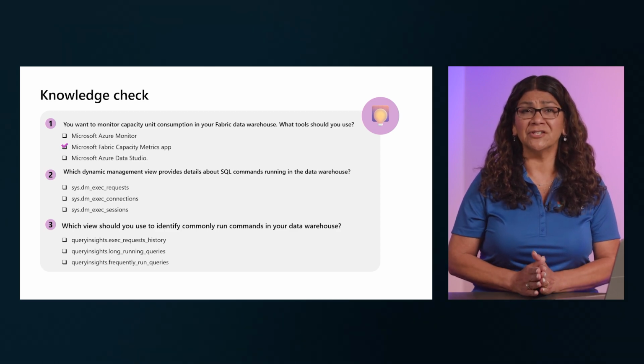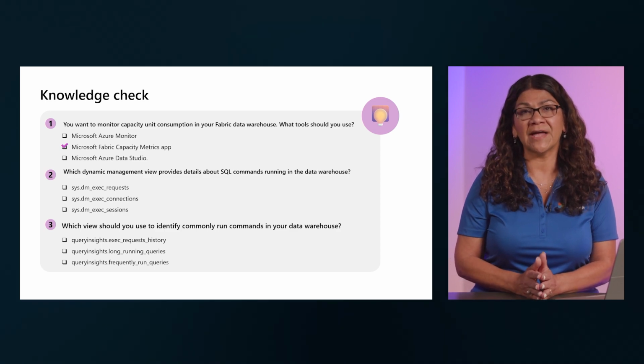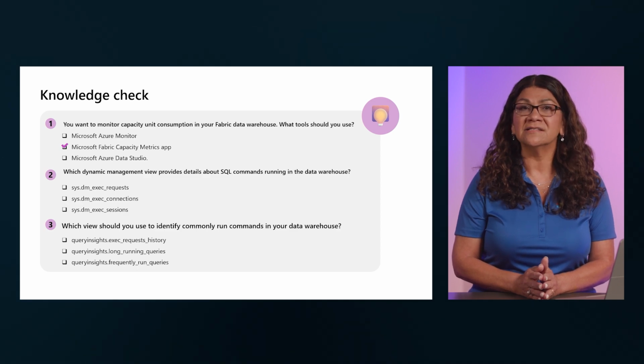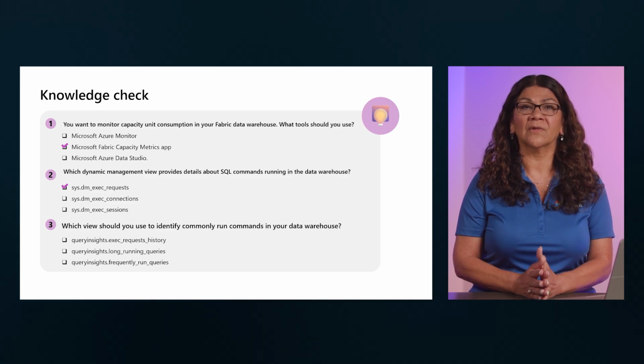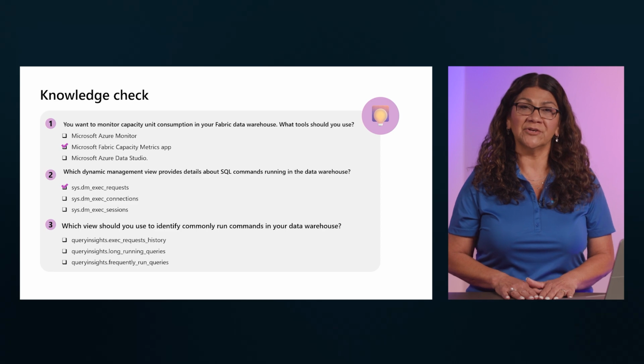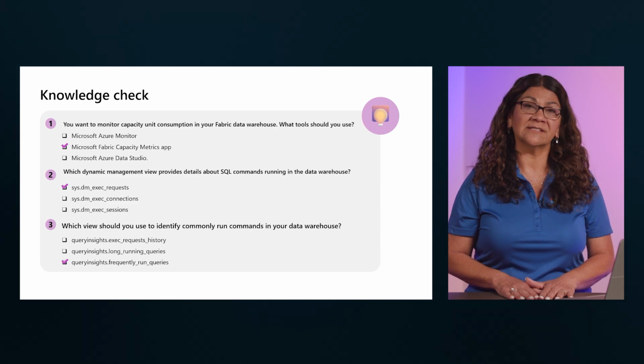Which dynamic management view provides details about SQL commands running in the data warehouse? Answer: sys.dm_exec_requests. Question 3. Which view should you use to identify commonly run commands in your data warehouse? Answer: Query Insights frequently run queries.